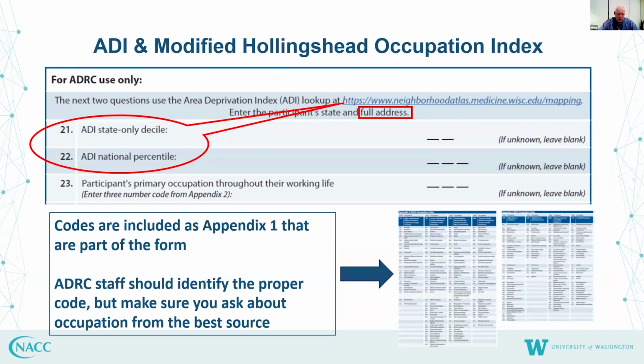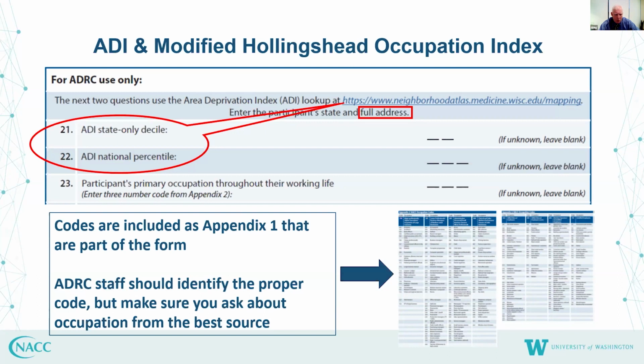Now, the final portion of the A1 form is the part that you're going to fill in independently or after your interview with the patient. To look up the area deprivation index, you need the full address in most cases. But you do not submit the full address with your NACC form. That is kept in confidence in your center.